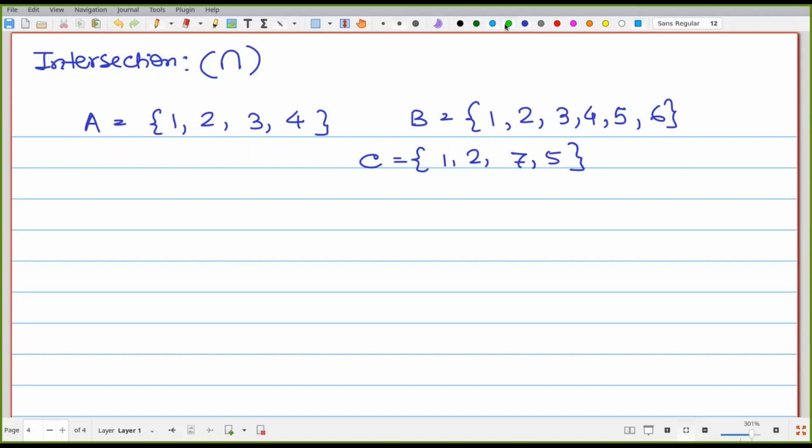Now look at the elements which are present in all the sets.